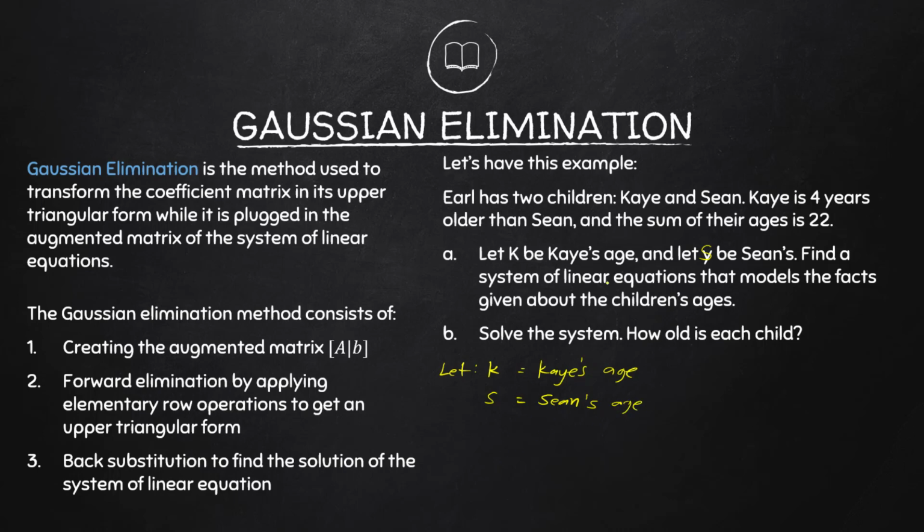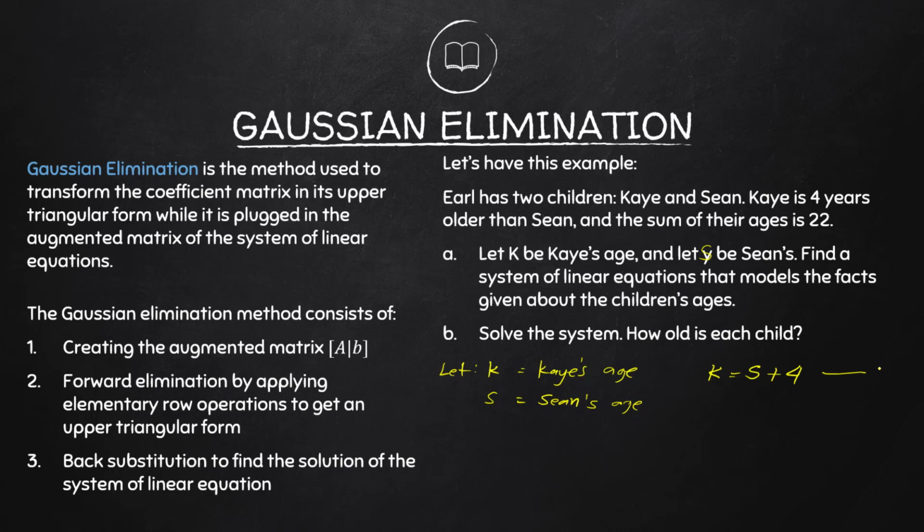So the first condition is that Kay is 4 years older than Sean. So we can say that the age of Kay is 4 years more than the age of Sean. Or we can write this as S plus 4.